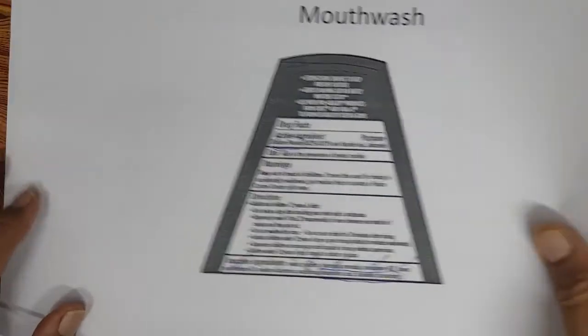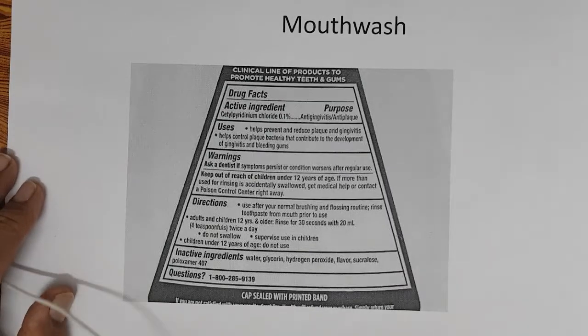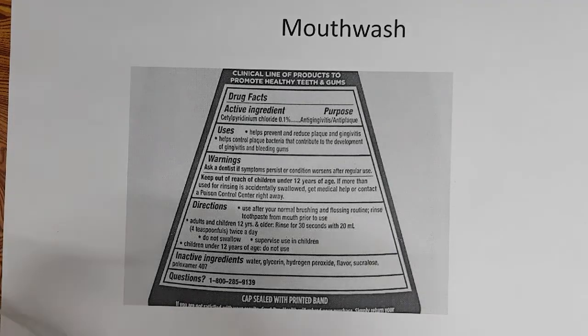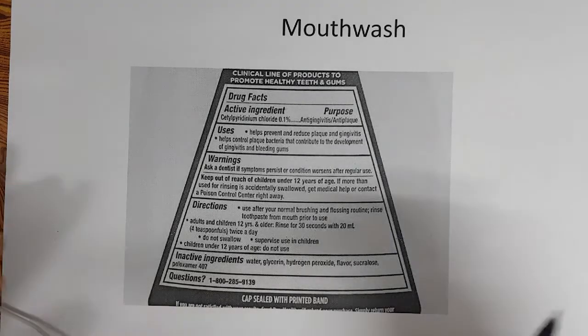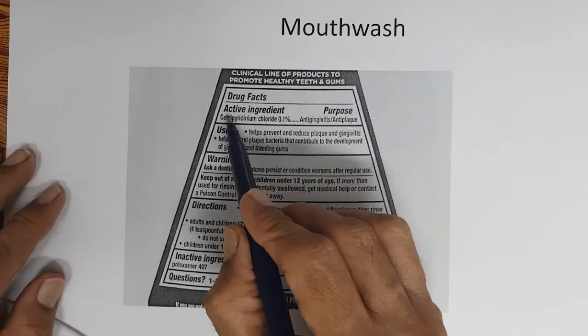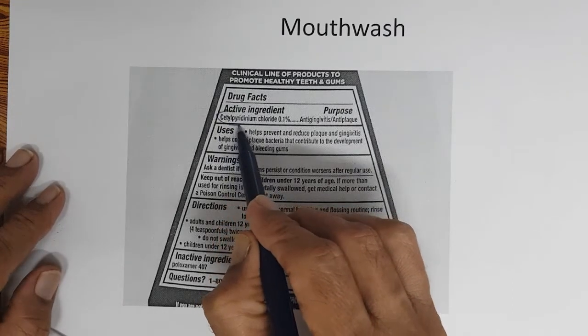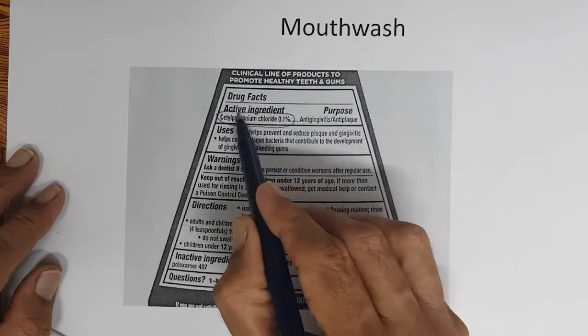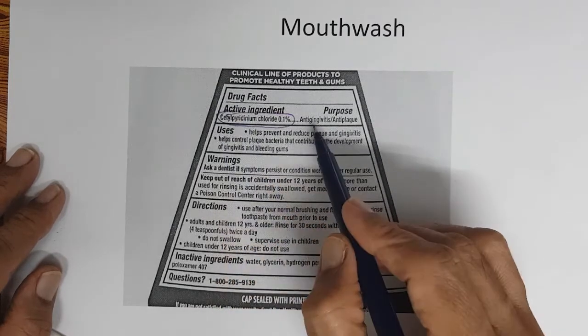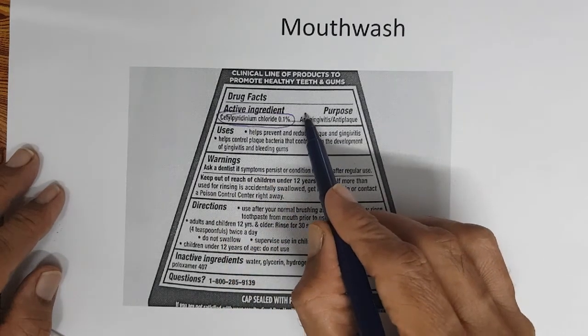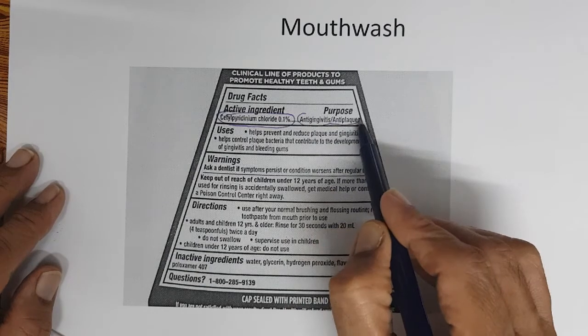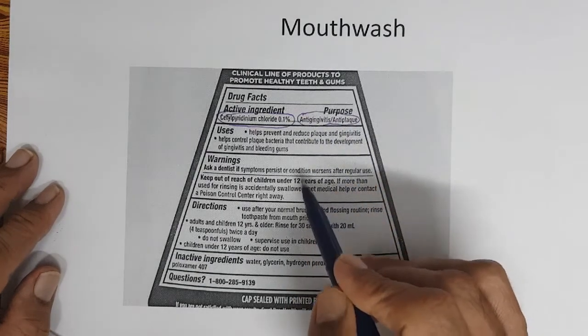This is the third mouthwash. This is the mouthwash where the active ingredient is cetylpyridinium chloride, which is more of an antibacterial ingredient, and its function is anti-gingivitis and anti-plaque.